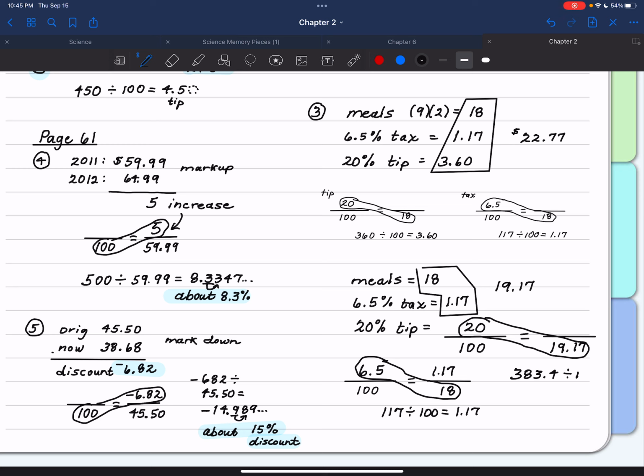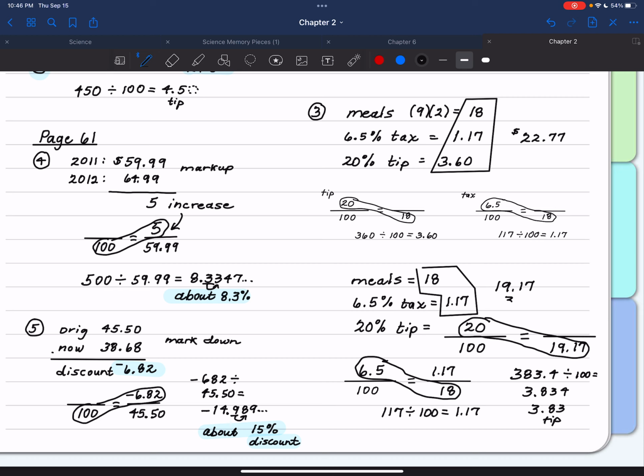Divide that by 100. Have I done something wonky? That doesn't look right. 1917 times 20 divided by 100, I guess it's right, is 3.834. So my tip would be $3.83.